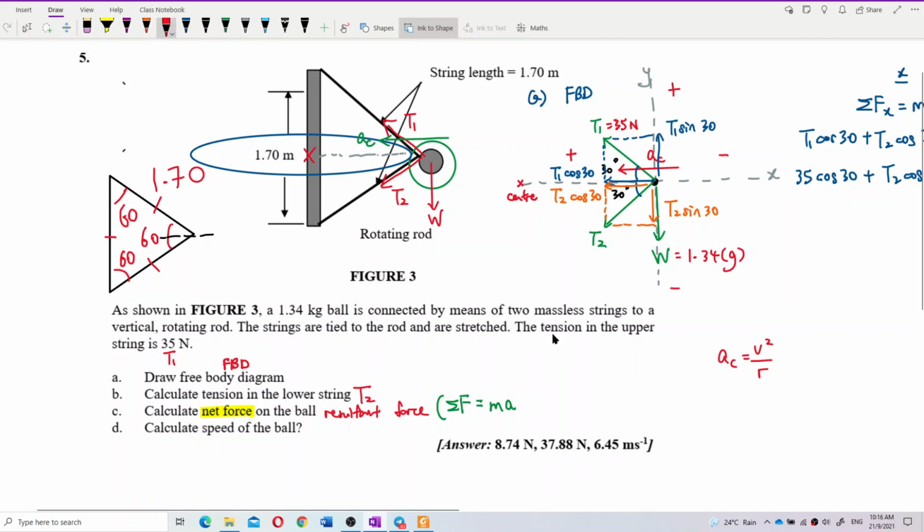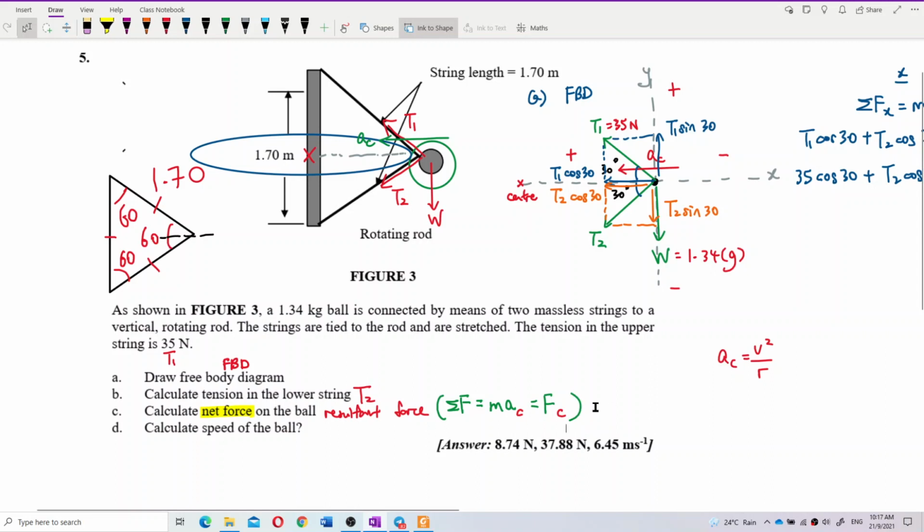But in our case, circular motion, the a is AC, the centripetal acceleration. That's why for this net resultant force, which is equal to mAC, we have a special name. We call it the centripetal force.